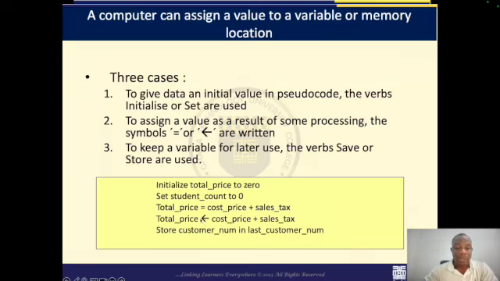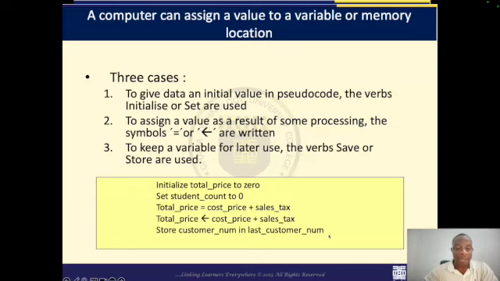This can also be represented using the back arrow. So when you see the same equation where the equal sign is replaced with the back arrow, it means the same thing. It means assign the value to the variable at the back arrow. We can also use the keyword store and say store customer num in last customer num.